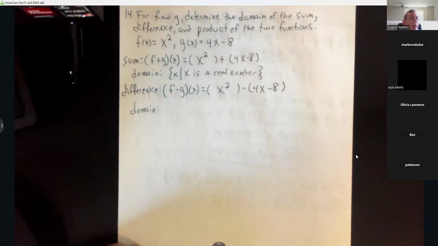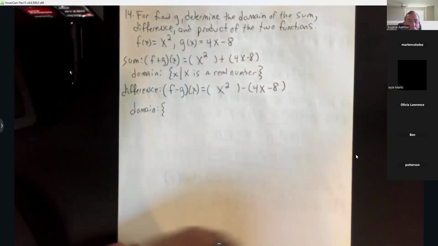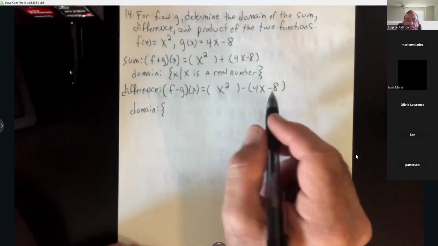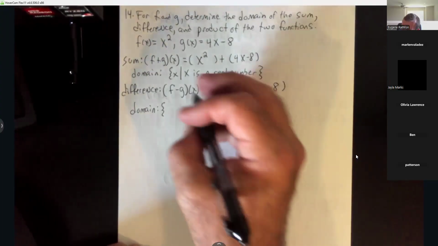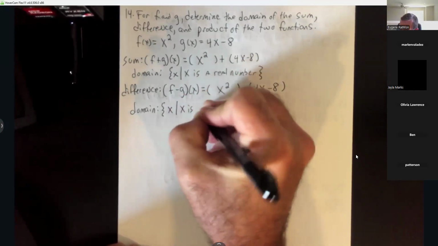So y'all, give me a domain. All righty, good job. Once again, there's no fractions in this. It's just something being subtracted. So this would be x such that x is a real number.